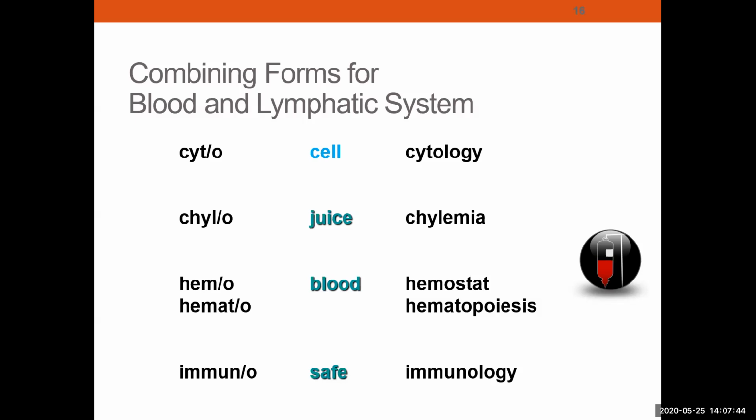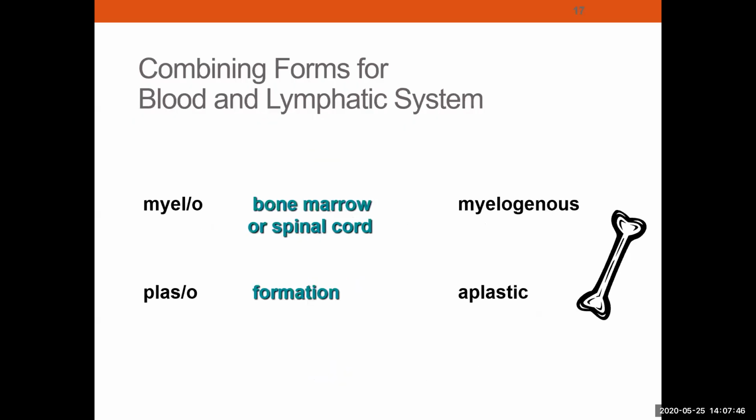Immuno is safe, so immunology, the immune system, study of. Myelo is bone marrow or spinal cord, so myelogenous, originating from bone marrow, pertaining to. Plasia is formation, so aplastic, pertaining to no formation, a.